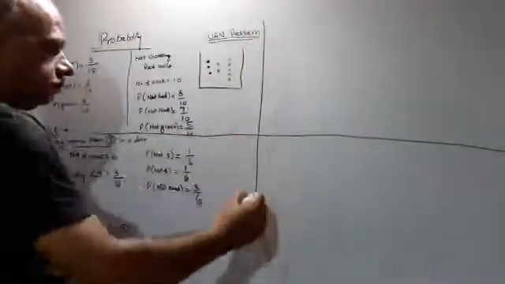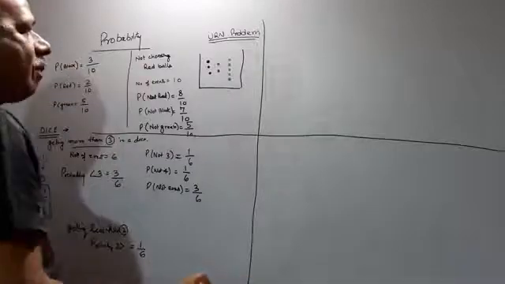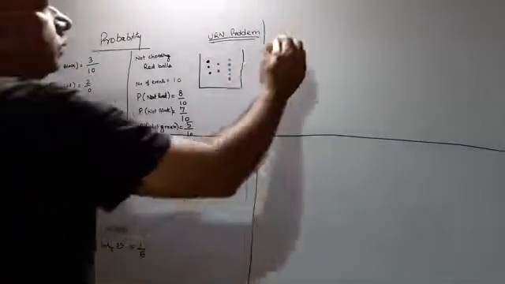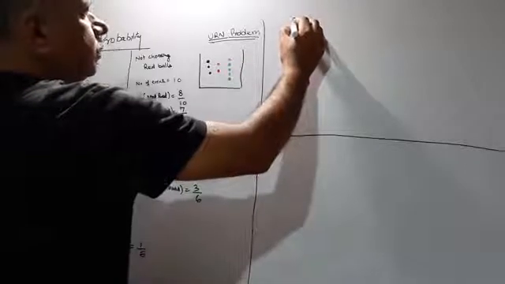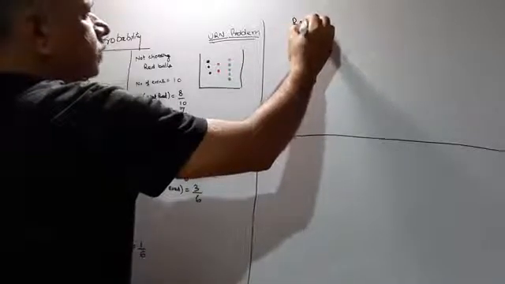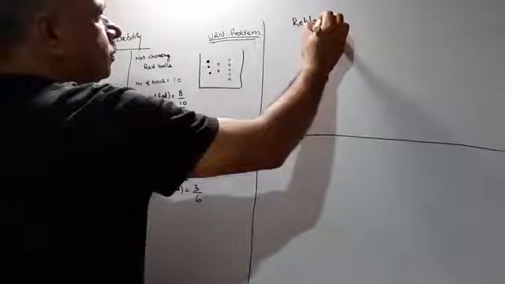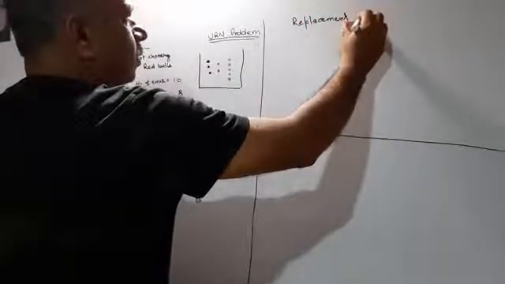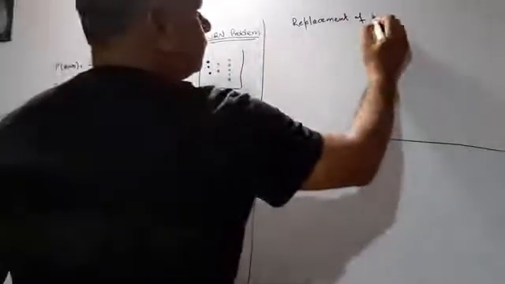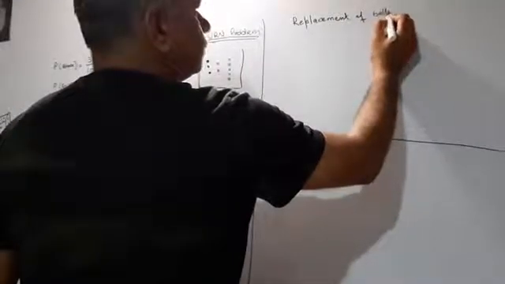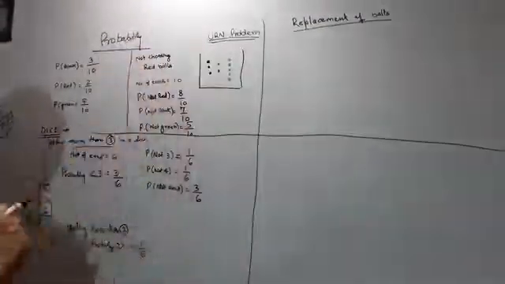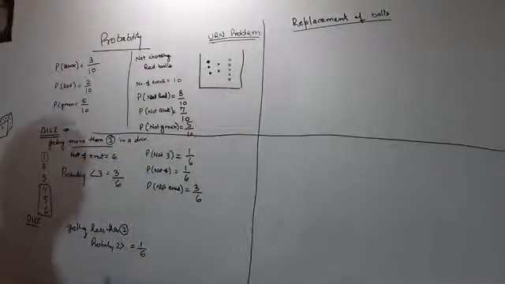Similarly, if you want to see, in all the cases we are making replacement of balls. It means we are choosing black balls, then we are putting it back.